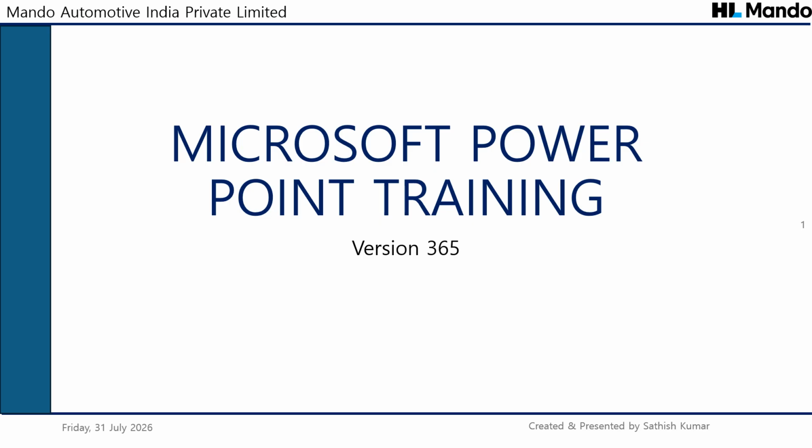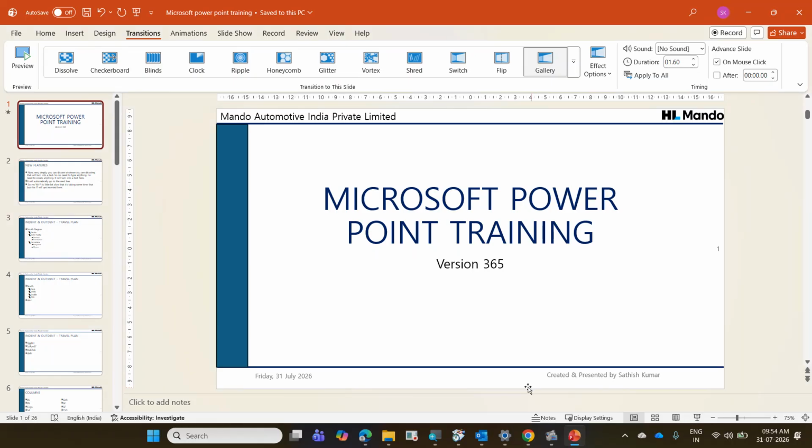Yes. Select the slide, go to Transition. We have selected Gallery. Go to Effect Options. You can see here the direction: from right, from left. Will this effect option be the same for all animations?